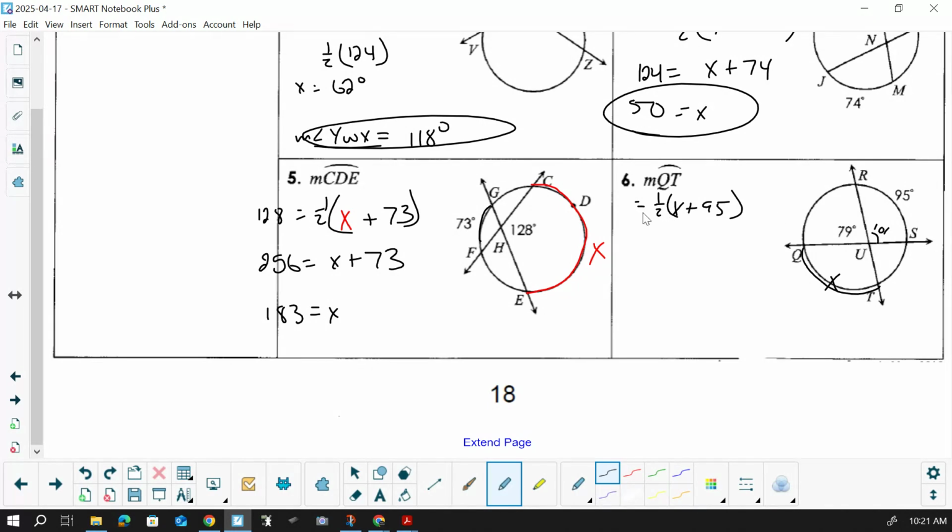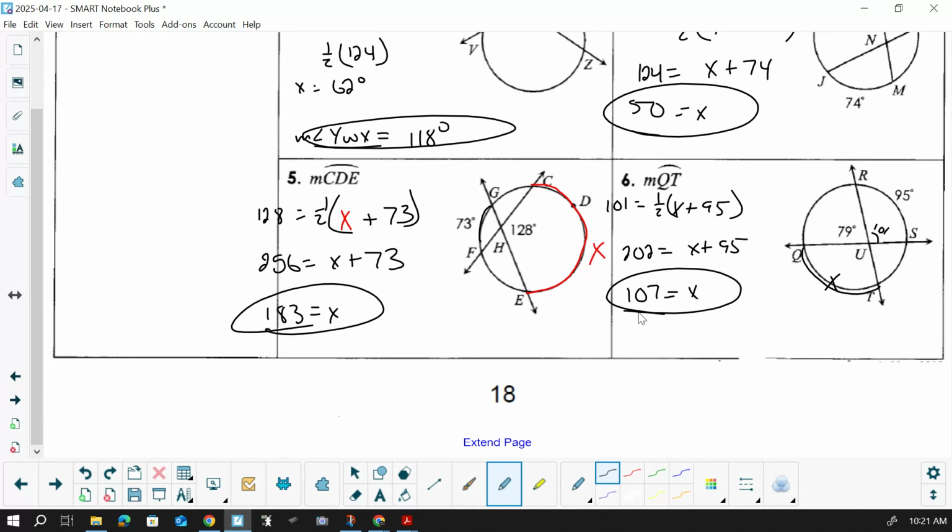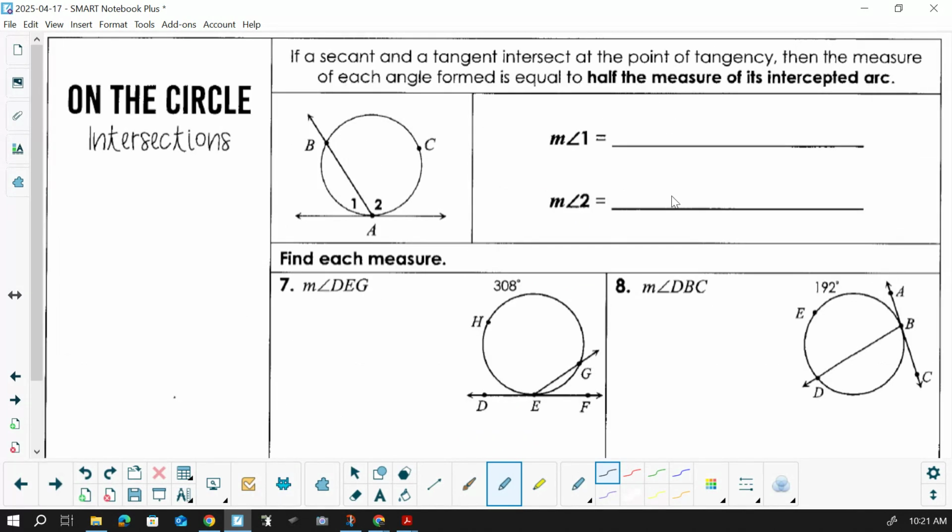That's the angle I'm going to use. Multiply both sides by 2. Subtract 95 from both sides. And I get 202 minus 95, 107. That's page 18. 2 more pages left for these notes.